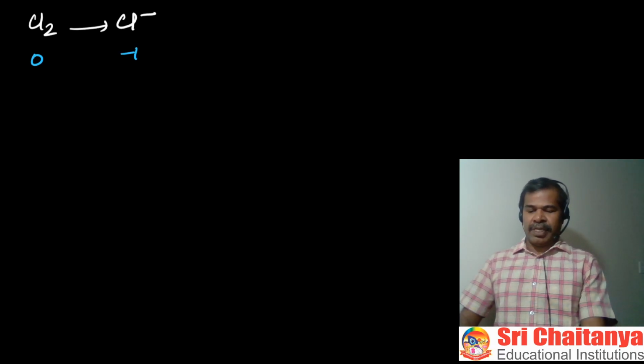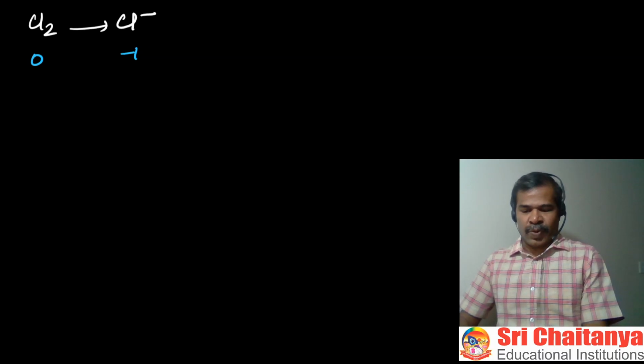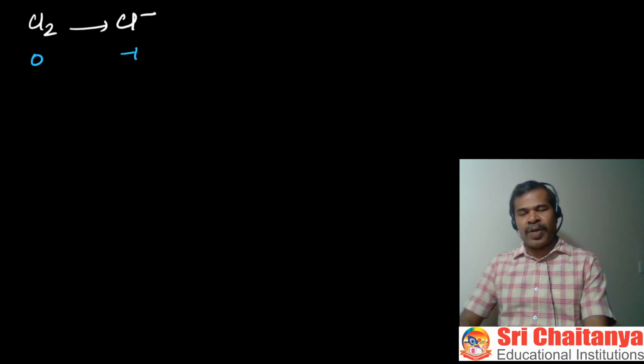Let's take another substance, Cl2 changing to say Cl minus. What is the valency factor? Oxidation state of chlorine on the left hand side is 0 and right hand side is -1. Now is the valency factor 1? No. Definition is number of moles of electrons transferred per mole of the substance getting oxidized or reduced.